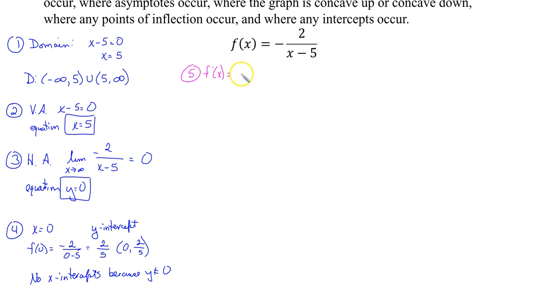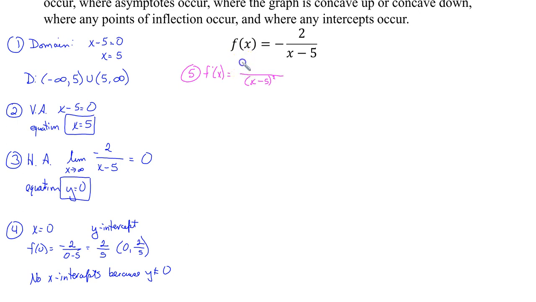For the quotient rule, we start off with squaring our denominator, so we have x minus 5 squared. You can use low d high, you can use bottom derivative of the top, you can use f g prime, whichever way you remember the quotient rule. In my class, we did low d high.